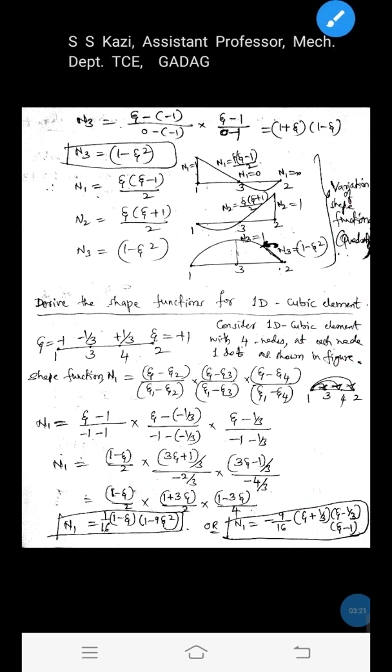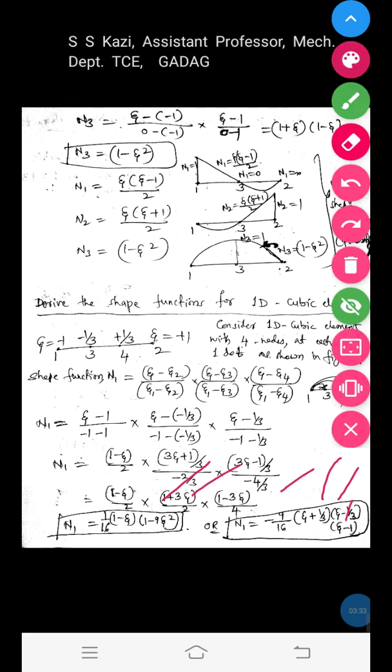Here I have used a plus b into a minus b into zeta minus 1. Like that also you can write, both are correct. Like this you can find.